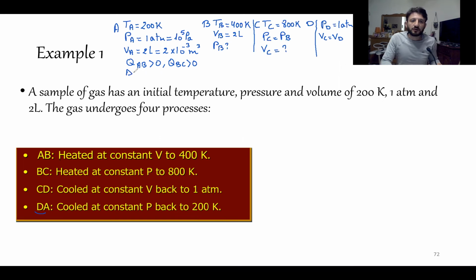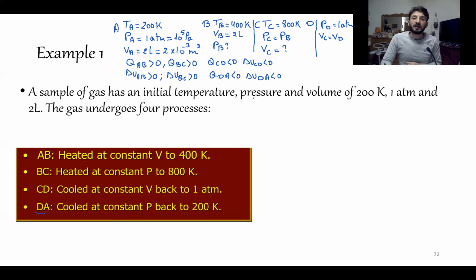So delta U AB must be positive, and delta U BC must be positive. Okay, and we have Q CD negative, cooled, and Q DA must be negative. So delta U CD is negative, and we have a negative value of delta U DA.